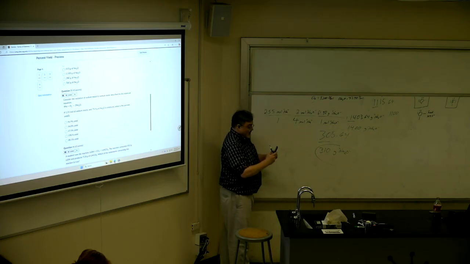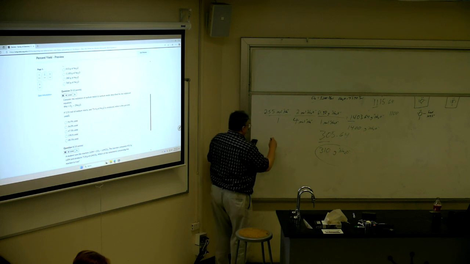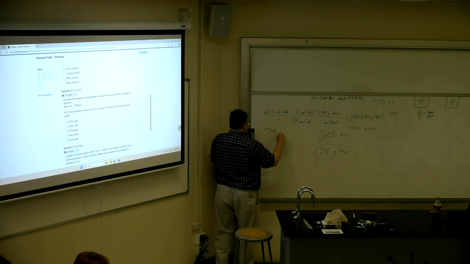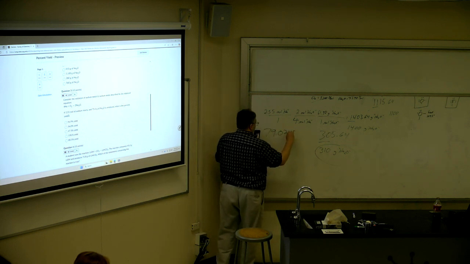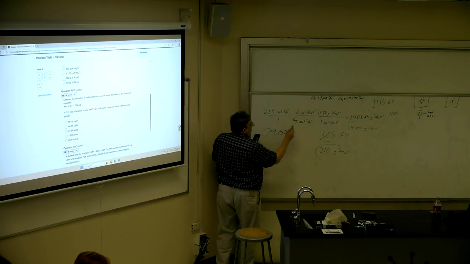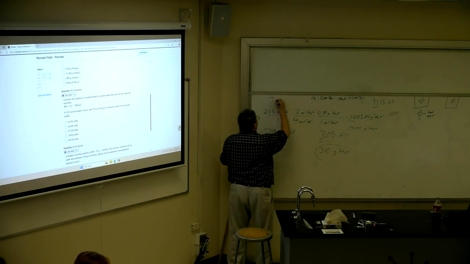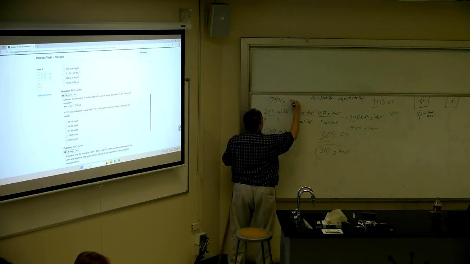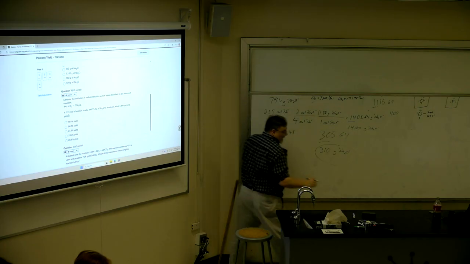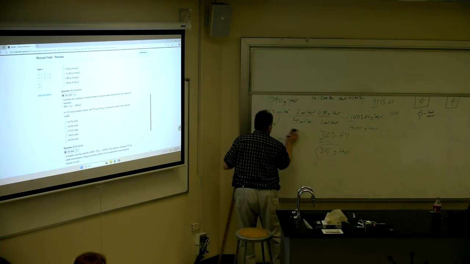That should do it to give us our theoretical yield. Times 2 times 61.98 divided by 4. Calculator says 79.0245. 3 significant figures, so it's 79.0.